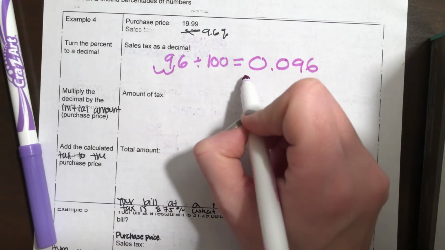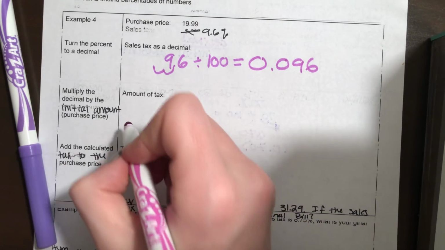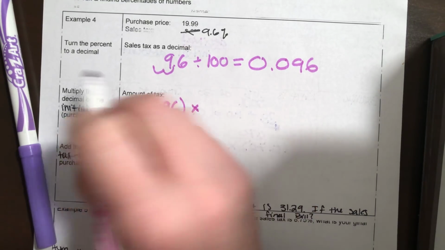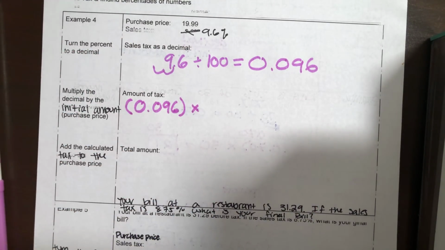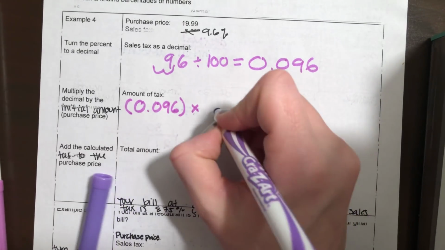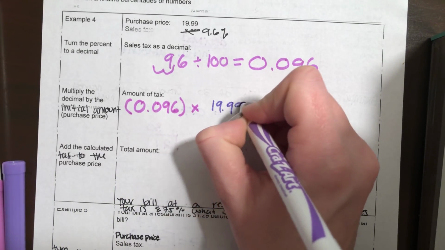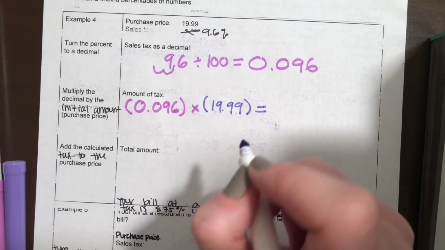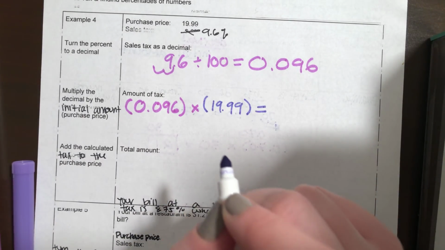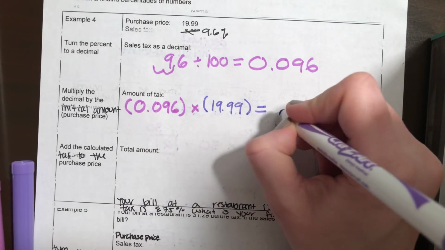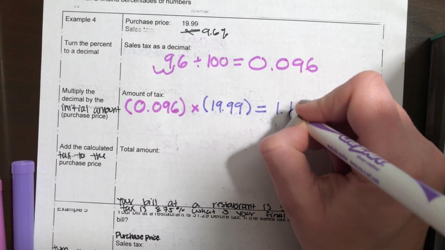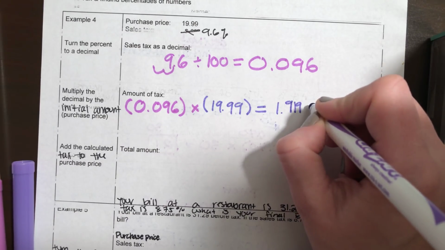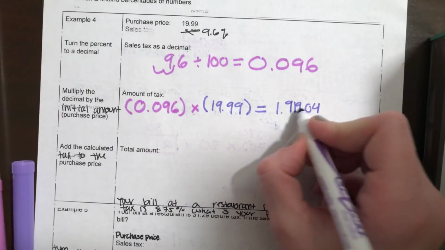Then I take that decimal times my initial amount, which is $19.99. Type that into a calculator and you will get 1.91904.